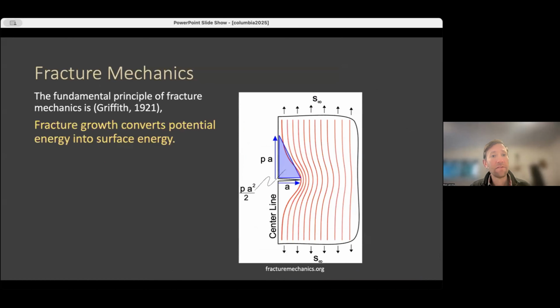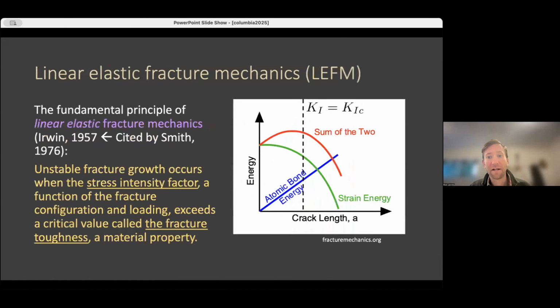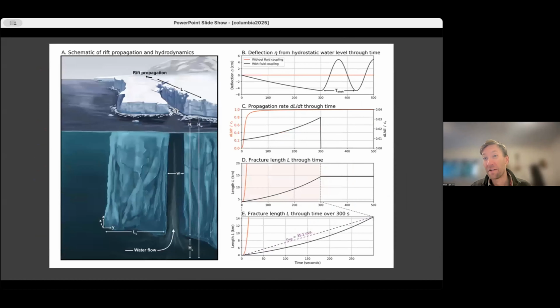I'll skip over this. This is just a few slides about how linear elastic fracture mechanics works, the stuff I just said. Basically, what we think is going on is that the water flow into the rift is essential. And I think there's an interesting tectonic analogy here. It has to do with basin infill and how sedimentation slowly changes the state of stress within tectonic rifts. In our case, the rift is filled with water, and if you sucked all the water out, the rift walls would close because the glacier is really carefully near hydrostatic stress balance, right?